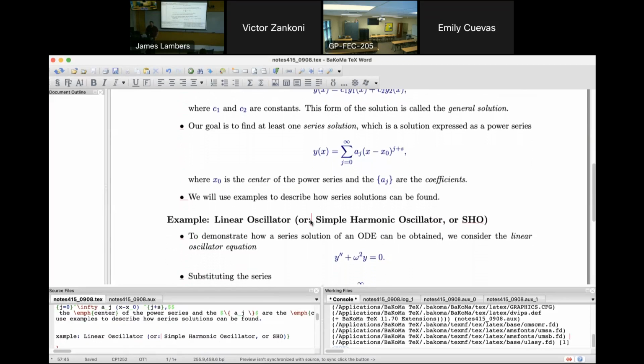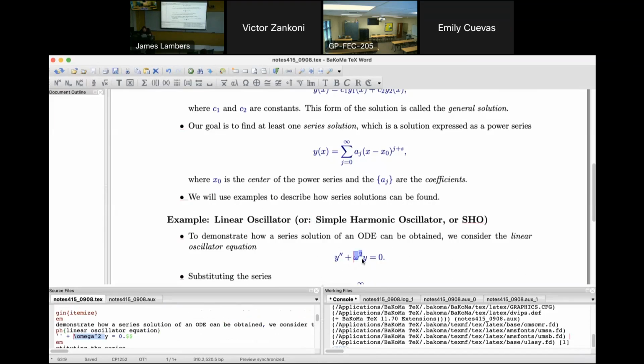It's actually one that you would have learned to solve in your first differential equations class, but this is going to be in power series form, whereas when you arrive at it in a class like that, it would involve sines and cosines. Okay, so omega squared here is a constant.